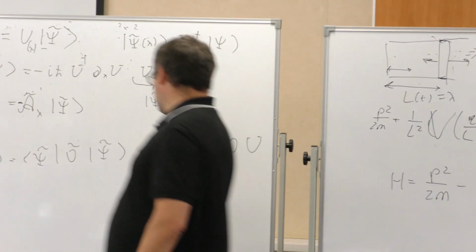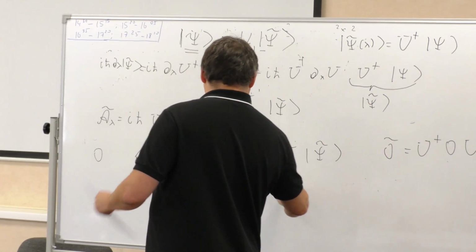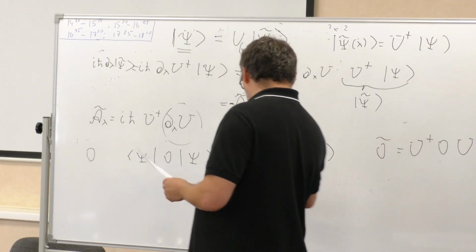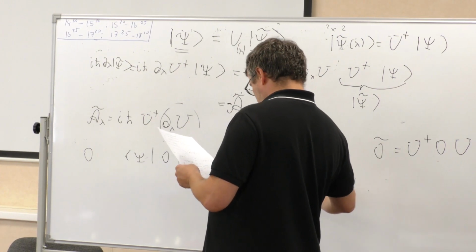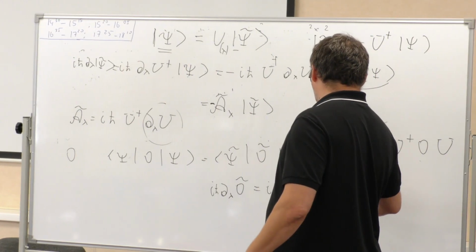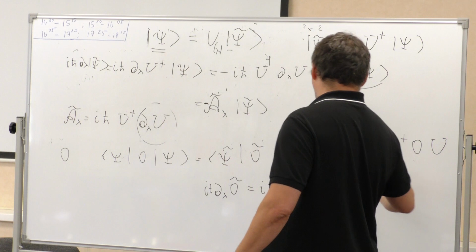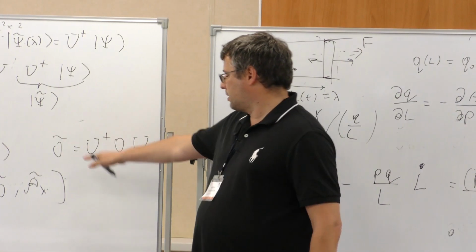And now if I try to write equations of motion for this operator O tilde, i h bar... again, I hope I got signs right. I'm not even trying to reproduce them, but you can see where it comes from.